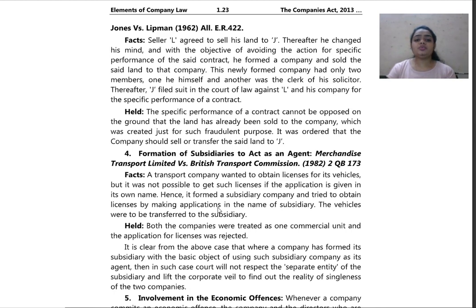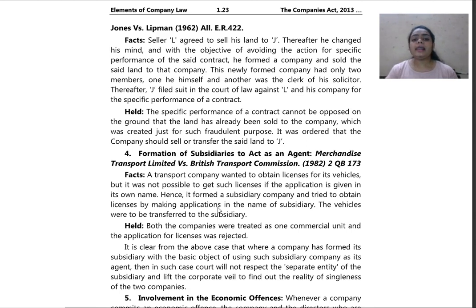Therefore, J filed suit in the court of law against L and his company for the specific performance of the contract. So now what all happened in the case? Firstly, L was a seller who agreed to sell his land to J. Thereafter, he changed his mind with the objective of avoiding action of specific performance of contract.